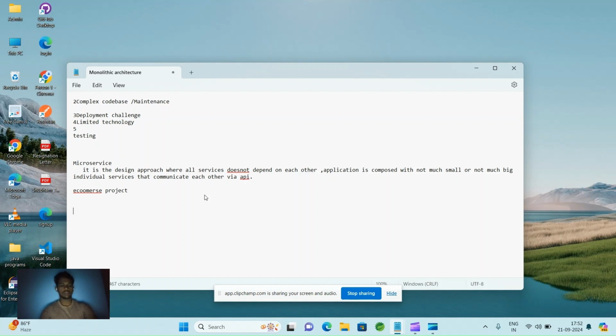There are lots of services. One is the product service, which manages products.